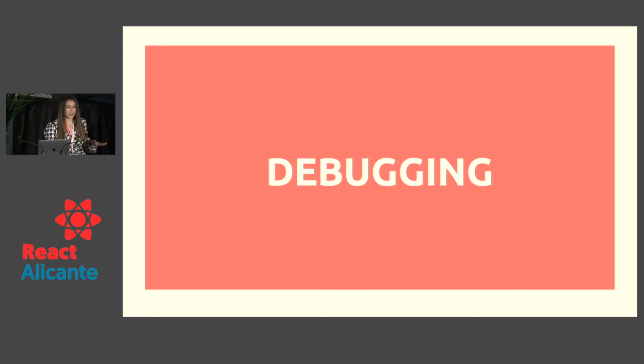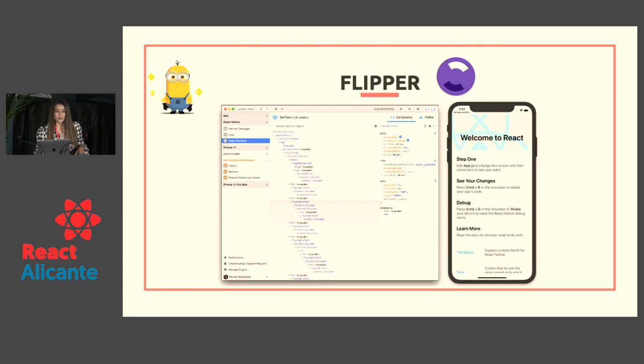And the last thing I want to talk about is debugging. What really helped me with debugging was Flipper. Flipper is a platform for debugging iOS, Android, and React Native apps, and it will help you visualize, inspect, and control your app from a simple desktop interface. With Flipper, you also inherit the plugin ecosystem that native apps like Android and iOS have.